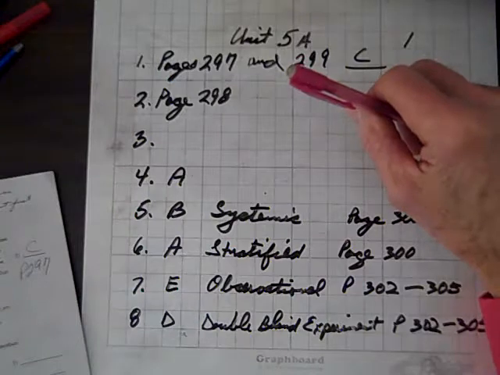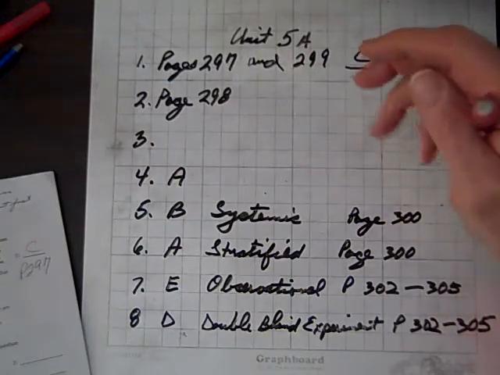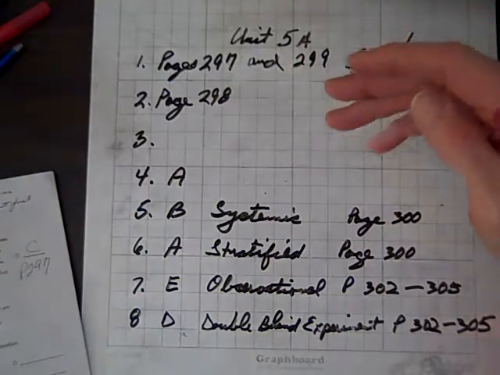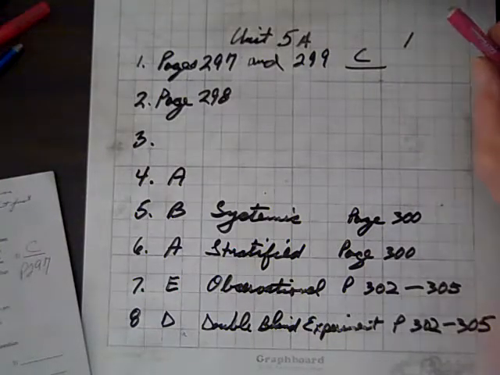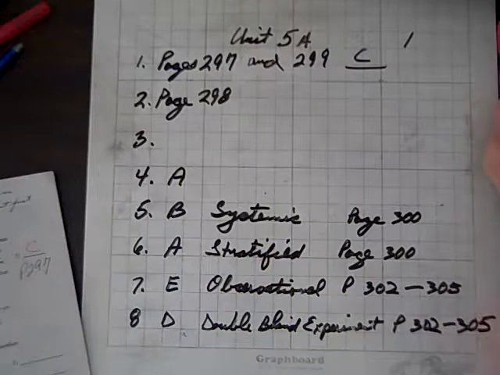So the population is the total amount of folks, if you're talking about people, that you're interested in. For example, if you're talking about all Americans, and you're talking about an election, then the population's all the Americans that can vote, all voting age Americans.